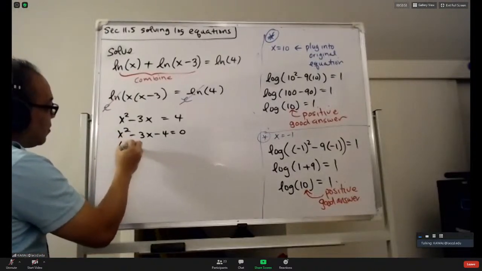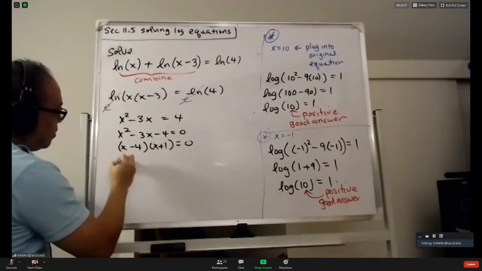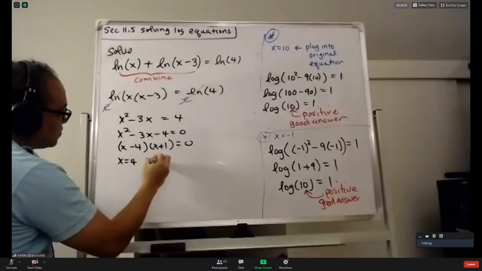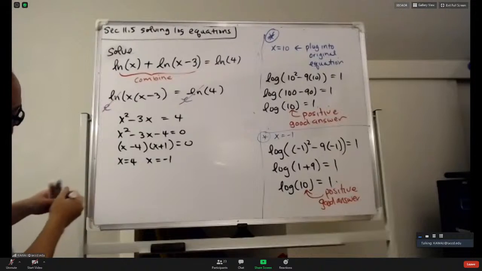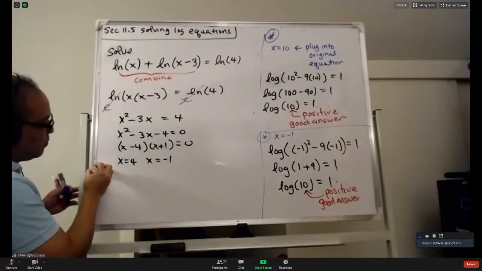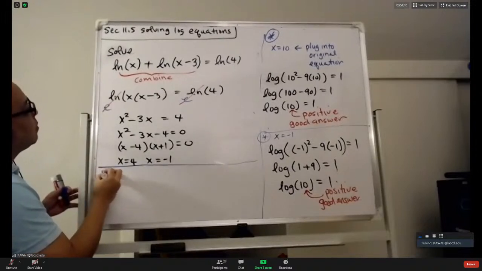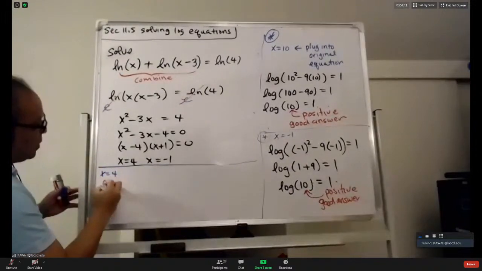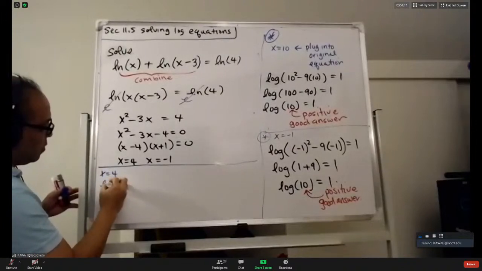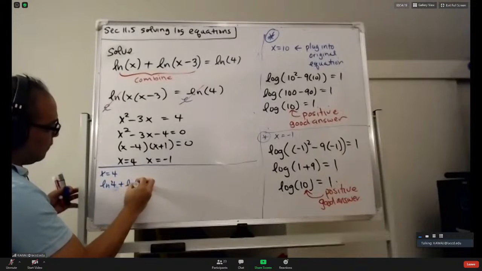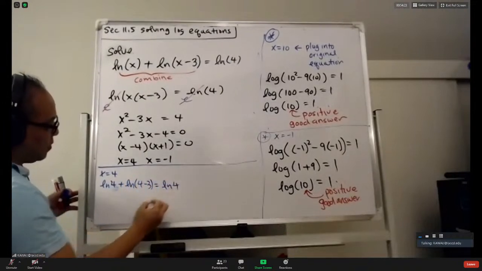So we have (x − 4)(x + 1) = 0. Okay, so if we look at x = 4, we're looking at ln of 4 plus ln of (4 − 3), which is equal to ln 4.